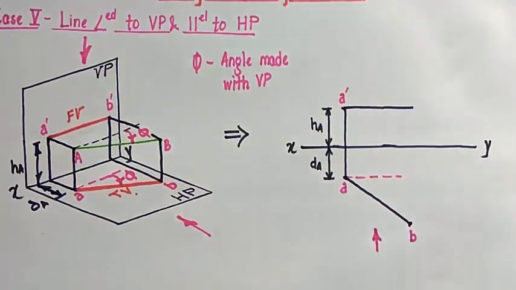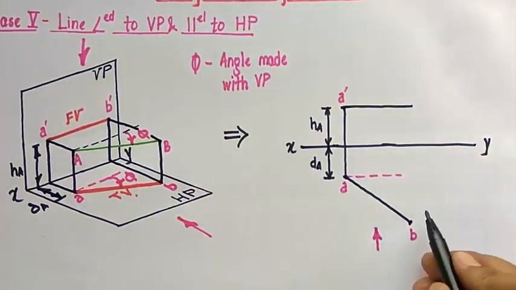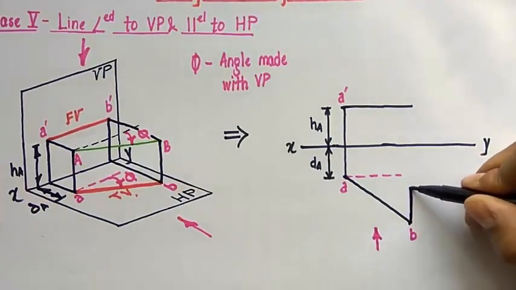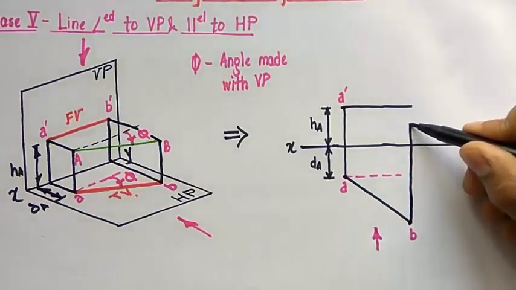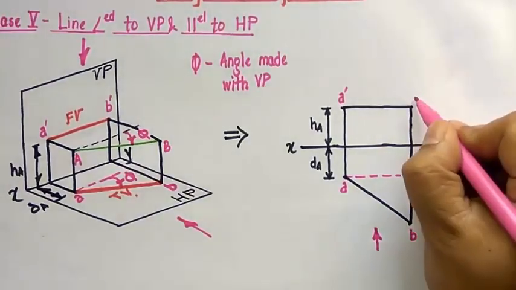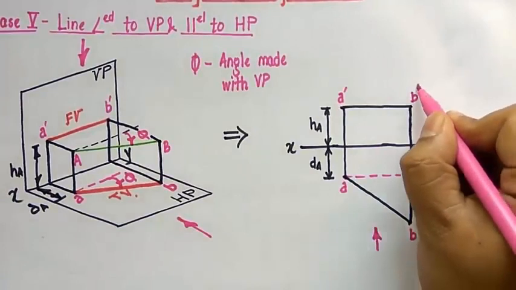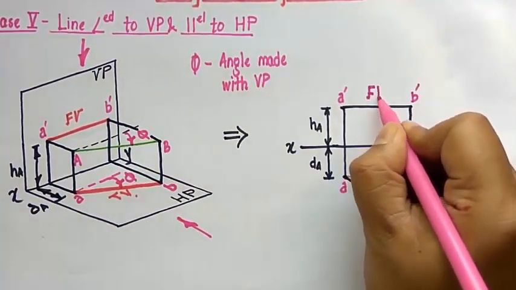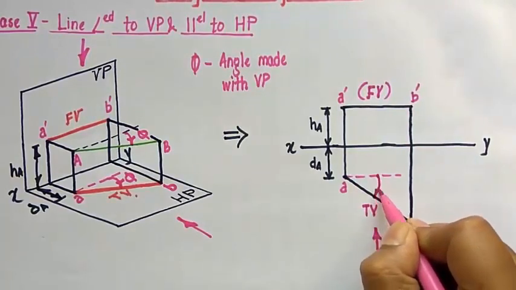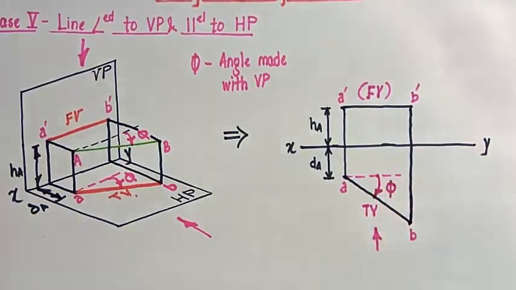Now we look at this from the front, projecting this way, this way, this way, and it intersects over here, and this represents B dash. So that's the front view, and this represents the top view, and you can clearly see that this angle is phi. So this was all about case number 5.